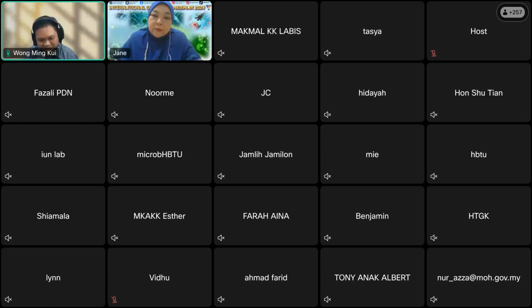WBC degradation, I'm not so sure, because FBC is usually run immediately. So that one I'm not so sure. If, for example, the sample has been left there for more than 4 hours before they run the FBC, I'm not sure whether it is still applicable or not. But usually under normal circumstances, we'll reject that kind of sample.